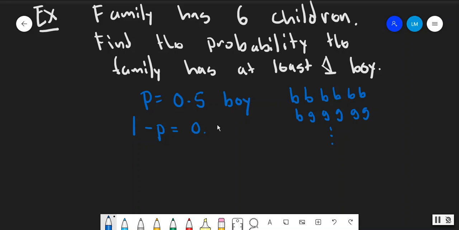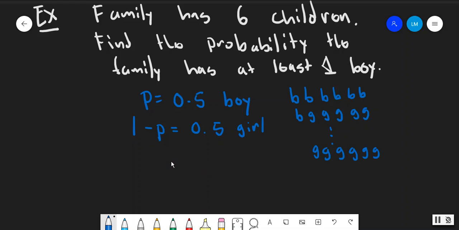So in that case, that's one half still, for the girl. If we can find the probability that no boy is born, then we would just need girl, girl, girl, girl, girl, girl. So all of the births resulted in all girls.